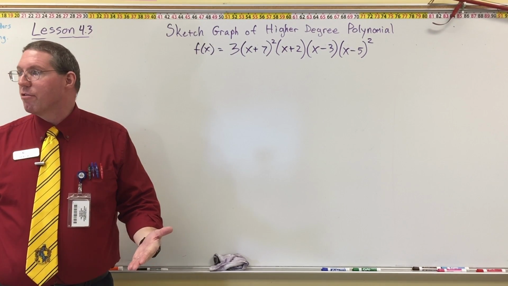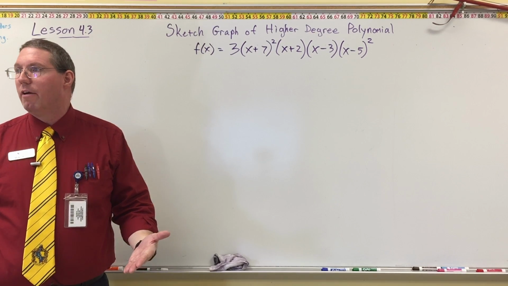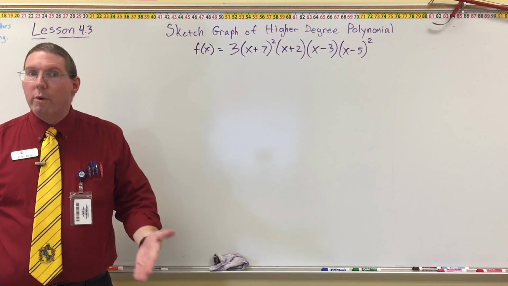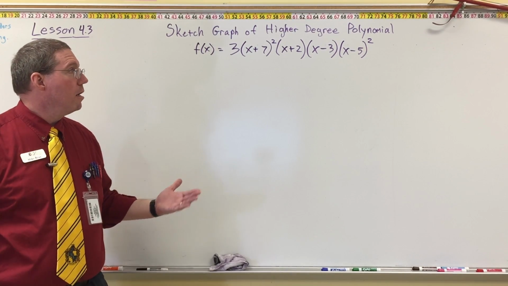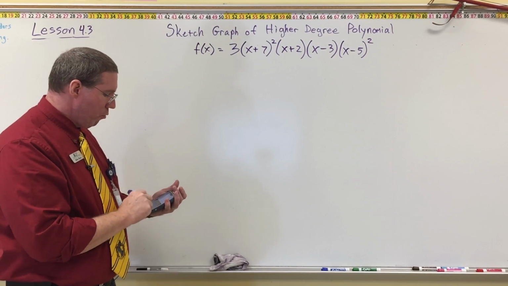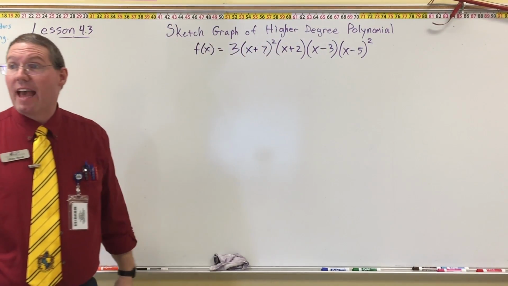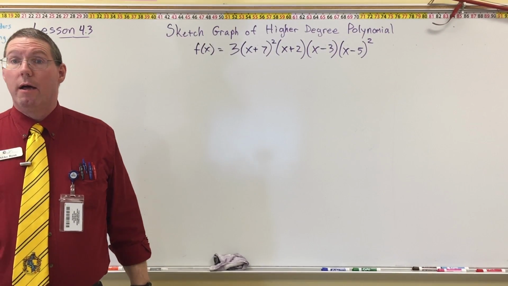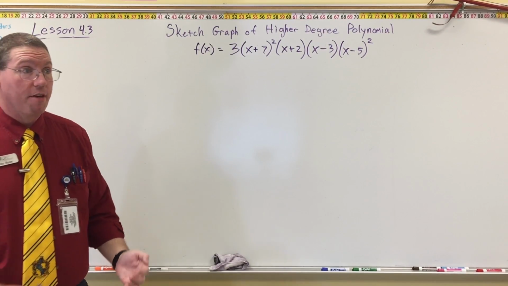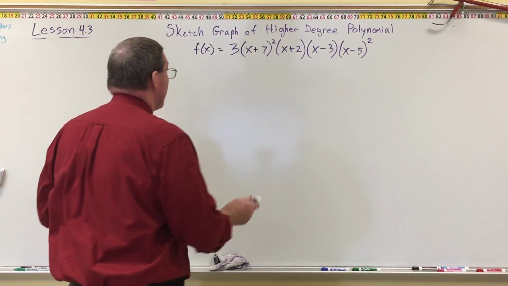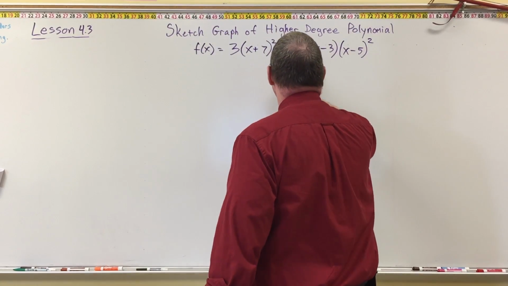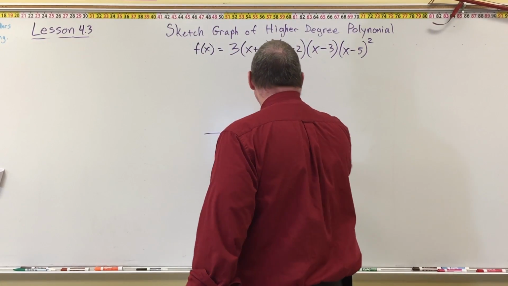Didn't we need the x-intercepts to sketch the graph of a quadratic? Well, we need the roots of this polynomial to be able to sketch the graph. We need to identify the intercepts, okay? And so that's what we're going to do. We're actually going to sketch it right here, and I'm going to give you a procedure. Now, let me warn you.